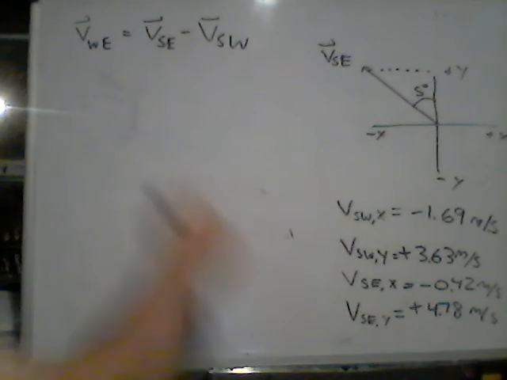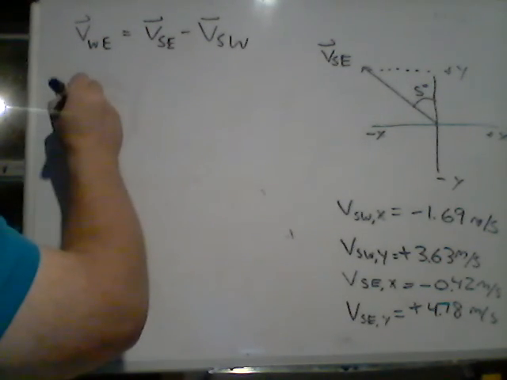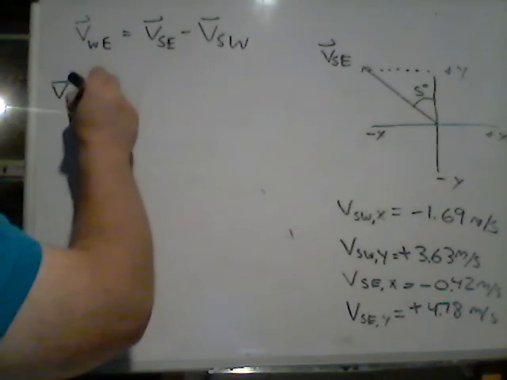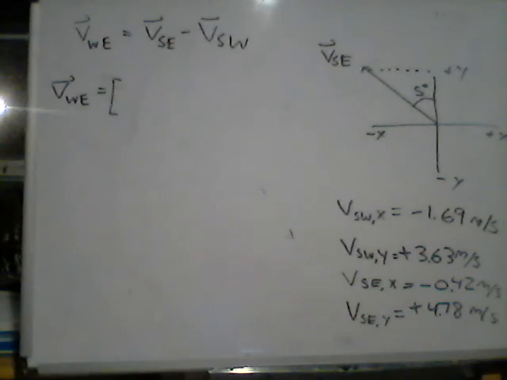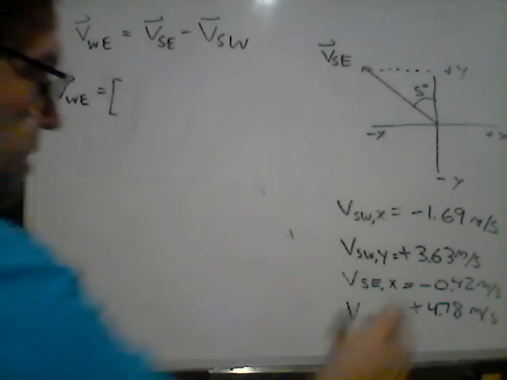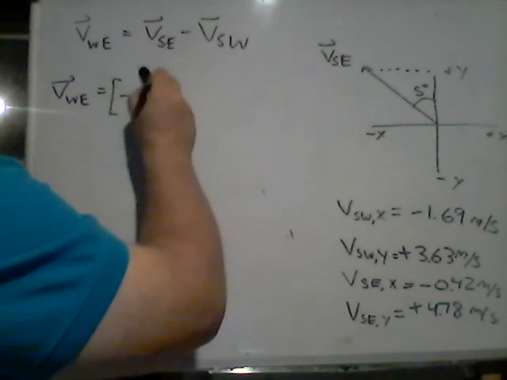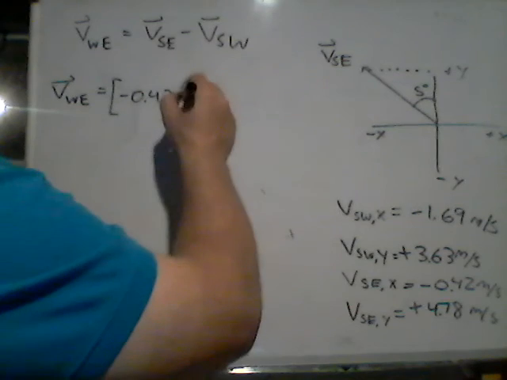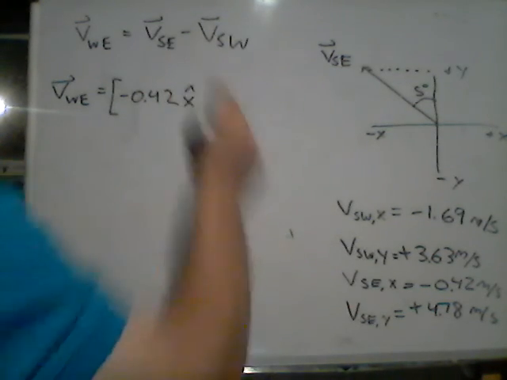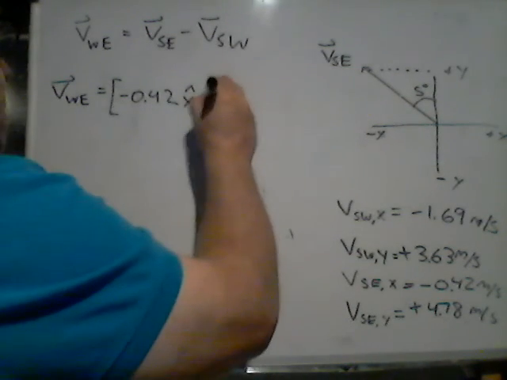So V sub WE, well, it's going to be V sub SE. Well, what's that going to be? V sub SE is this X component, negative 0.42. I'm not going to worry about the meters per second right now. X hat, in the X direction, plus 4.78 Y hat.